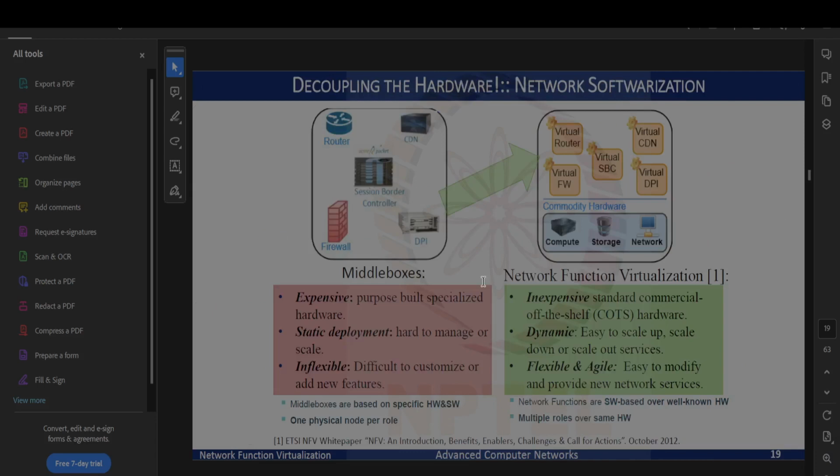So the whole idea with network function virtualization is like we have this router, we have the content distribution network, another, we have a firewall, then we have deep packet inspection, one box, we have another box with NAT. So this is all the existing middle boxes.